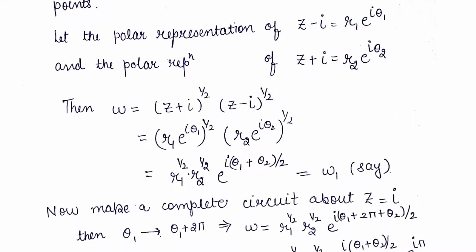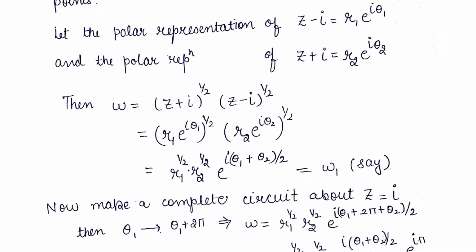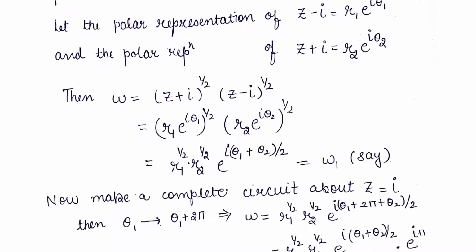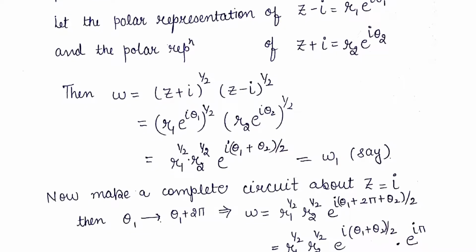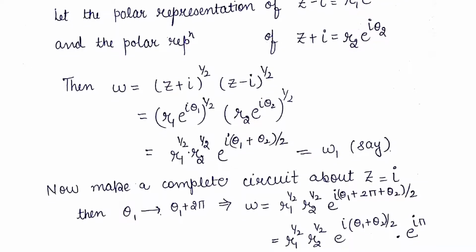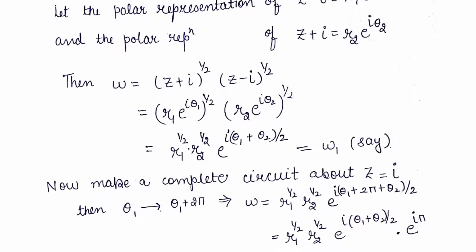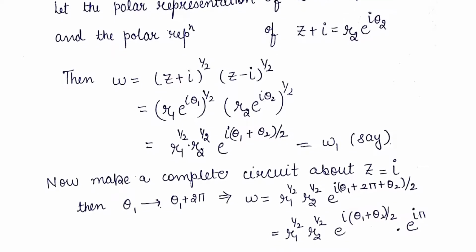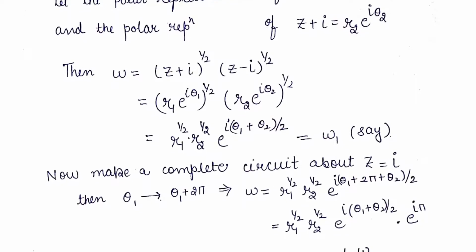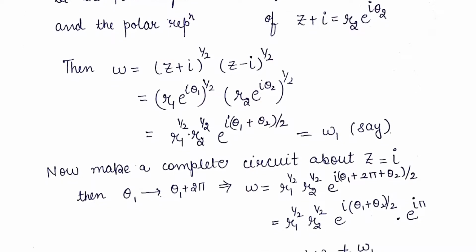Then substituting in the function w is equal to z square plus 1 raised to power half, we get w is equal to r1 raised to power half into r2 raised to power half e raised to iota (theta 1 plus theta 2) by 2, and say this value is w1.